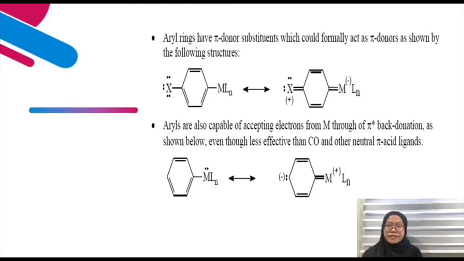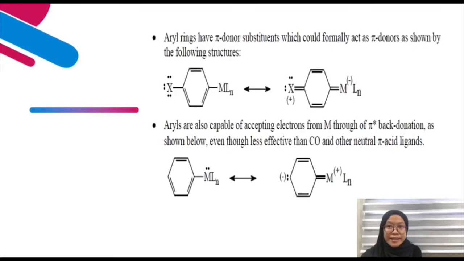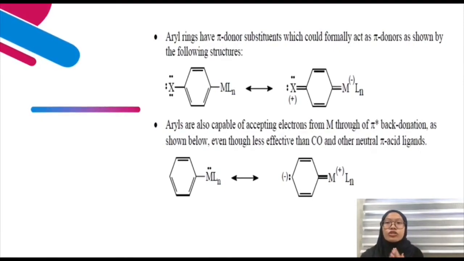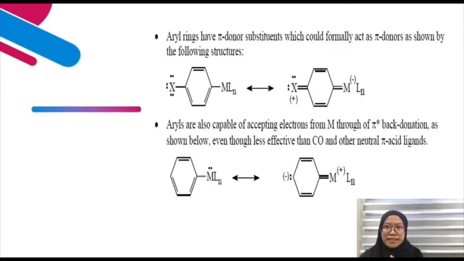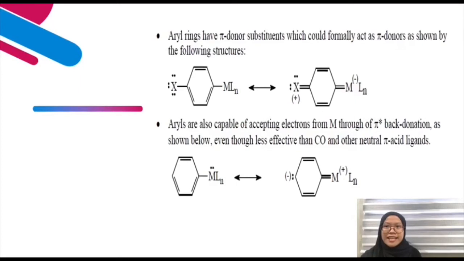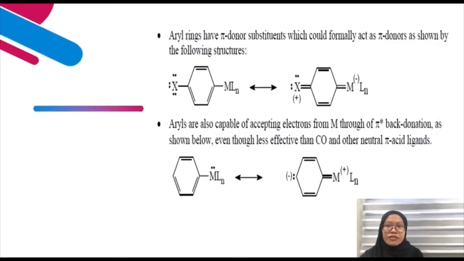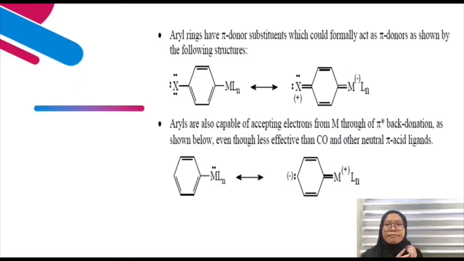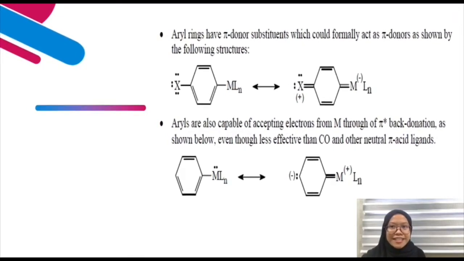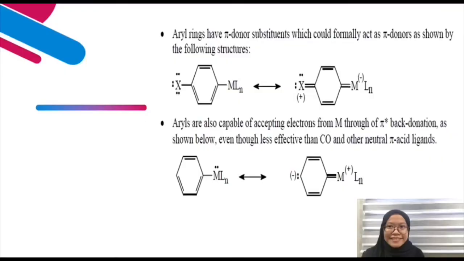As the previous video already explained about metal aryls, they undergo two types of interaction, first pi donation, and the next one is pi star back donation. Here is an example of how this pi donation and pi star back donation works.